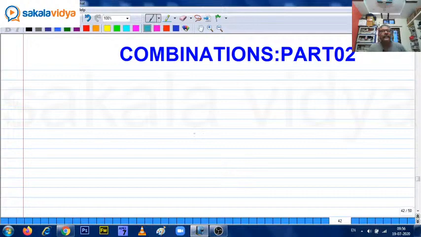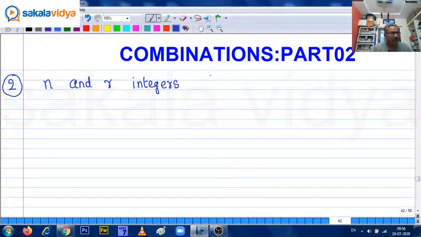Okay, let us start now the second question. I will discuss the second question once again. Second question. n and r are integers such that 1 is less than or equal to r, which is less than or equal to n.